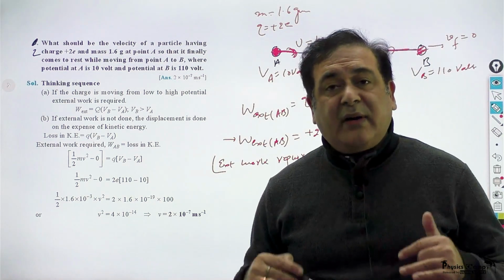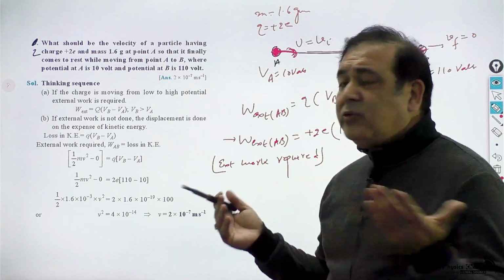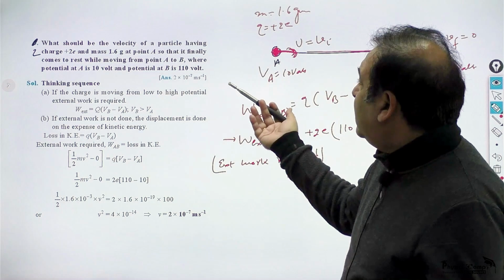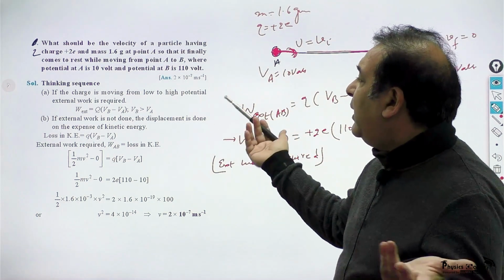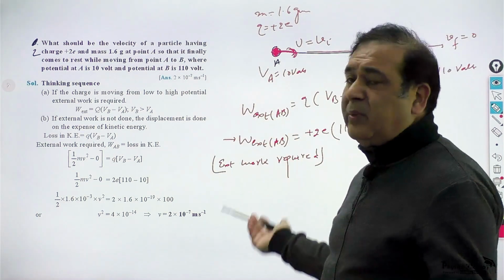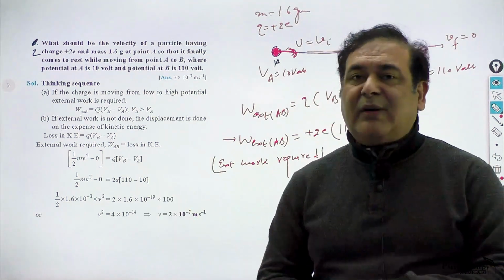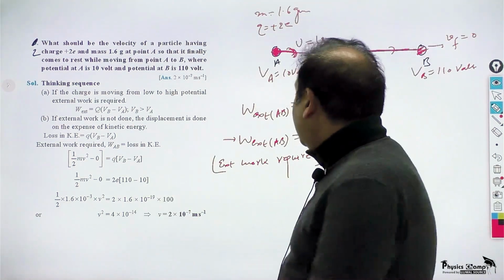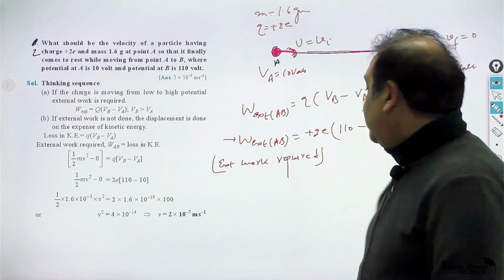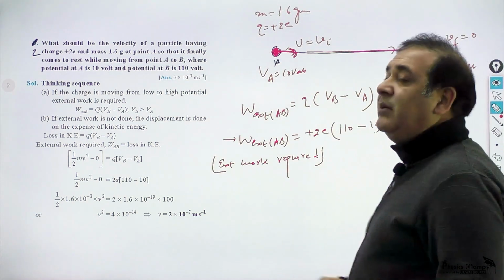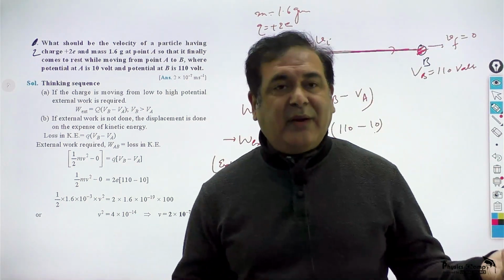Now, if external work is required and there is no source of external work, what should be the velocity of a particle having charge plus 2e and mass 1.6 gram at point A? There is no external work done, but external work is required. So the external work required will obviously be at the expense of kinetic energy.